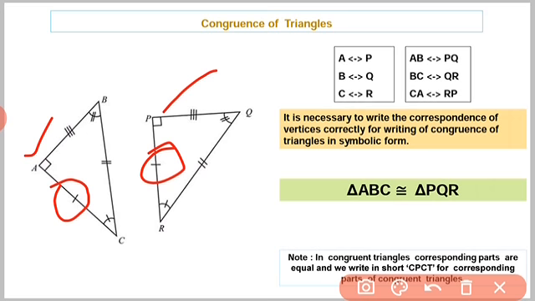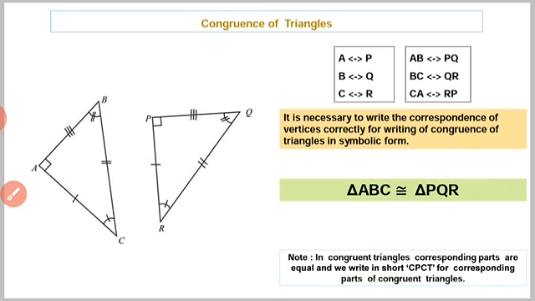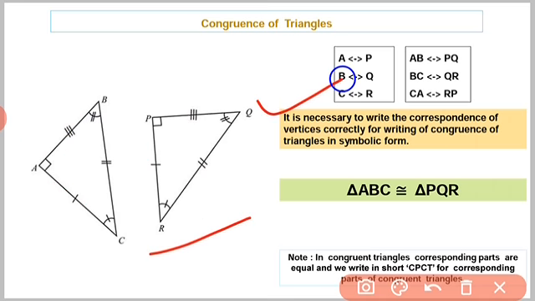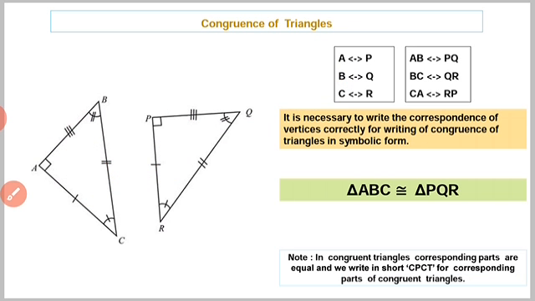BC corresponds to QR and they are equal, whereas AB corresponds to PQ. This shows that they are equal. So in congruence of triangles, all the sides and angles are equal. When two triangles are congruent, that means their sides and angles are equal.